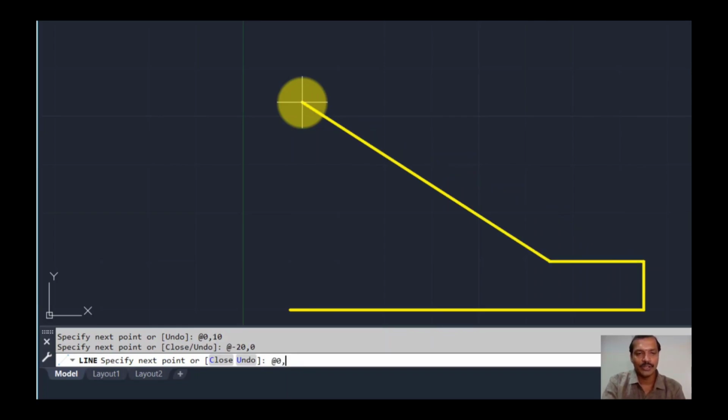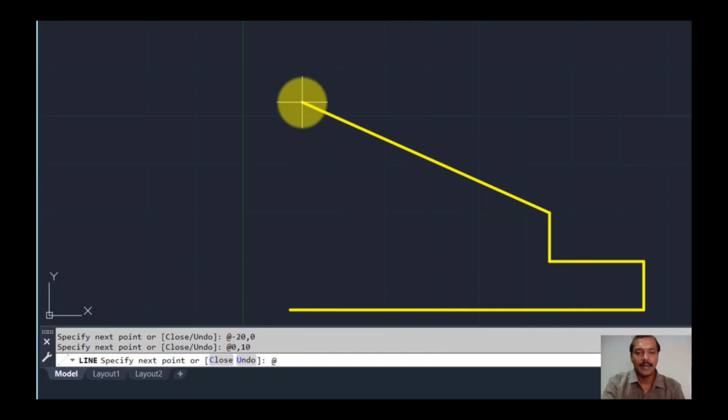At x 0, vertical line, how much? Positive 10. Okay. At minus 20, 0. At x is 0, y becomes 10. Okay.